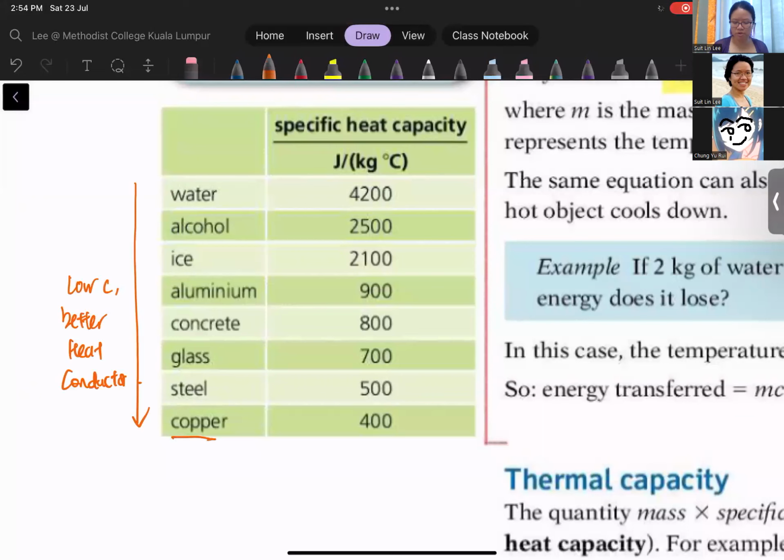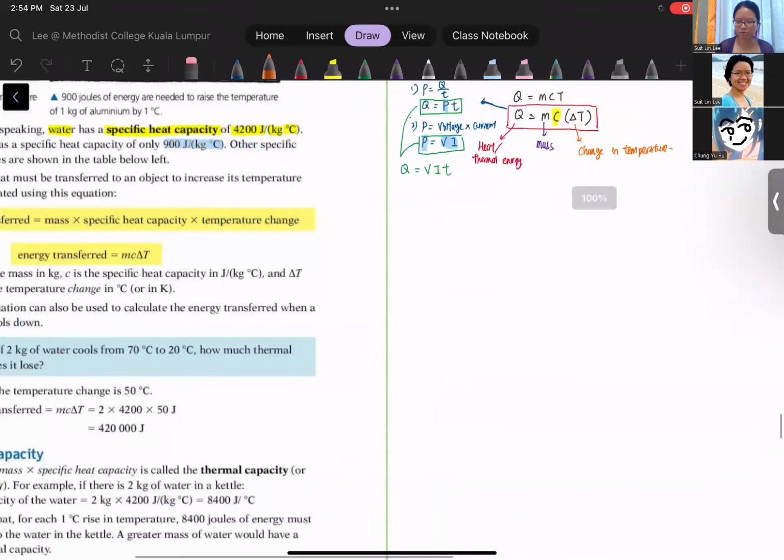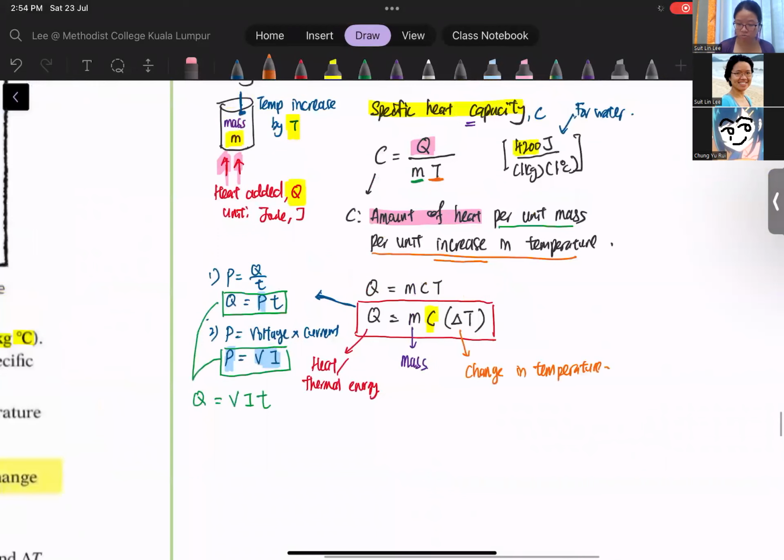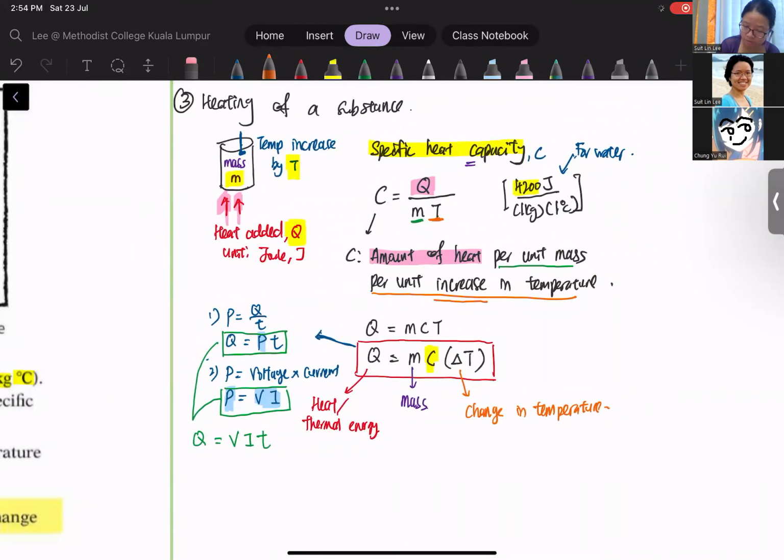You look at the substance, you know already. These are all metal, and then up here is just insulator. I guess I'll just write here now for you. So another thing to know, I guess maybe I'll call this A, specific heat capacity. And also next one would be lower C, better conductor of heat.